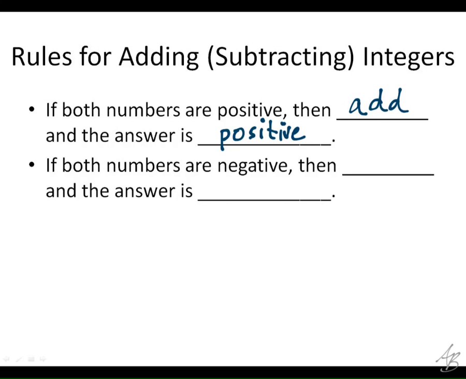Okay? If both numbers are negative, are we going to add or subtract? We're going to add. Remember, if they're both negative, we still add. You guys remember that from the opener yesterday? Okay? And the answer is going to be positive or negative? Negative this time.